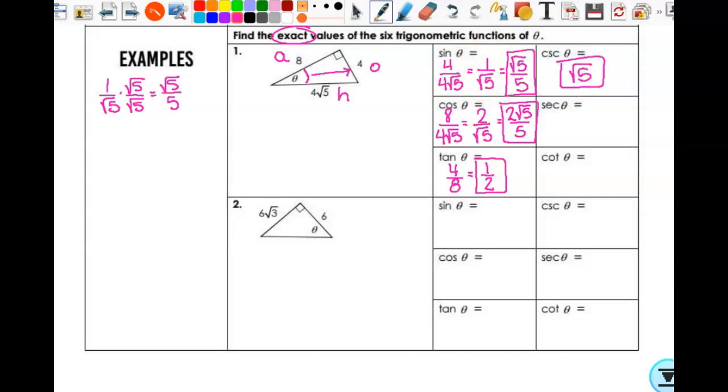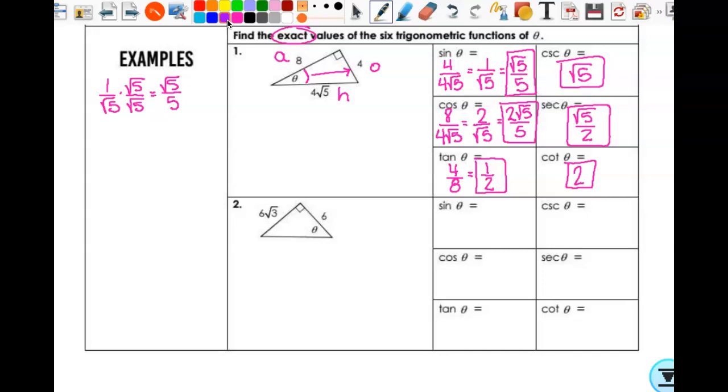Secant is the reciprocal of cosine, so that's just going to be square root of 5 over 2. And then cotangent will be 2. What questions do you have? We good? All right.